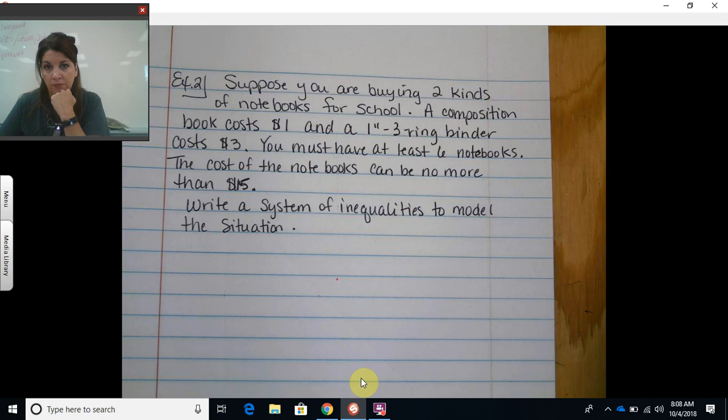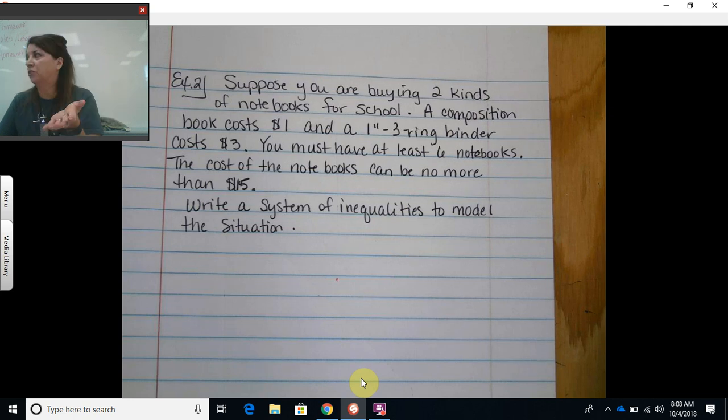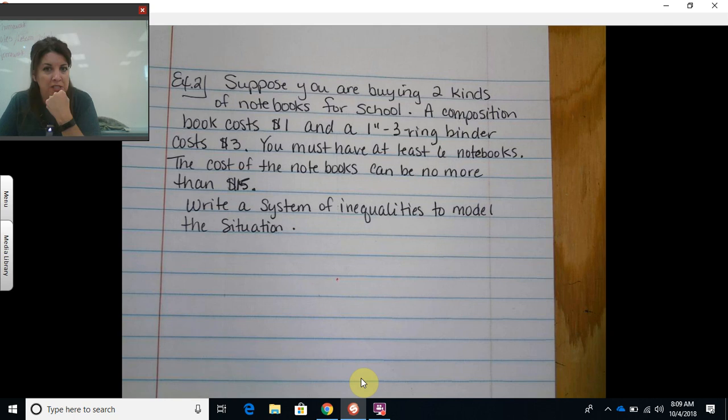Okay, so could we figure out what possible combinations of notebooks we could buy without doing a graph? Yeah, of course we could. But I'm teaching you how to solve inequalities by using graphing, so that's what we're going to do. Okay, what are we going to need variables for? Yeah, how many composition books we can buy and how many binders. Does one depend on the other?